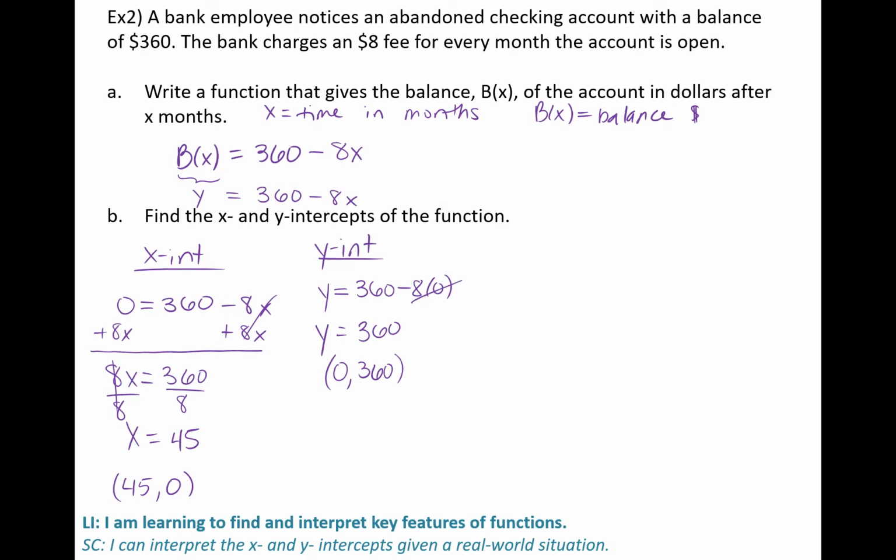So going back to the x-intercept, I need to make sure I include both numbers. So the 45, or the x in this case, again, represents the time in months. That's back in part A. So that means after 45 months.